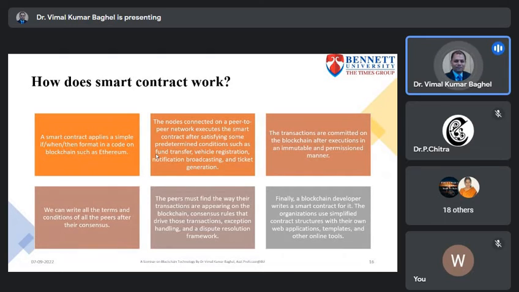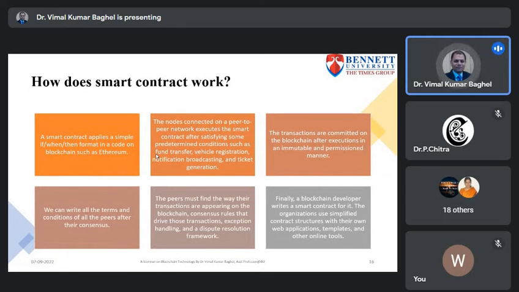And then finally, a blockchain developer will write a smart contract for it, and the organization uses simplified contract structures with their own web applications, templates, and other online tools. So after having an agreement, we can write a smart contract in a particular programming language, and that smart contract can be deployed over either a public blockchain or a private blockchain.